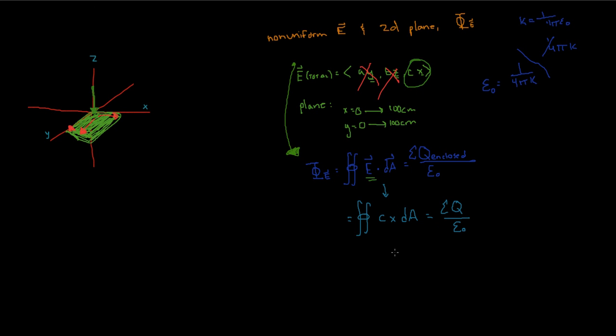So now that we have this, we can break up dA into components for the integral. dA is the area, and we are dealing with a square plane, so the area is the x direction times the y direction. So dA becomes dx times dy.